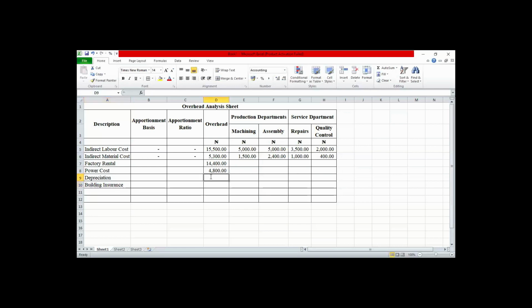Depreciation is how much? 14,000 naira. Building insurance is how much? 1,800. Okay, 1,800.